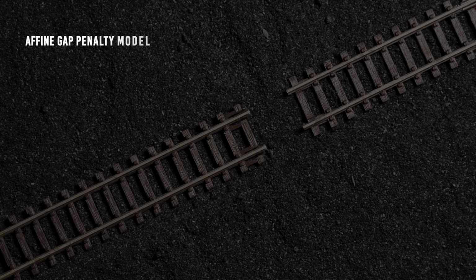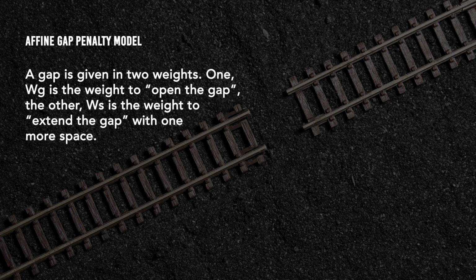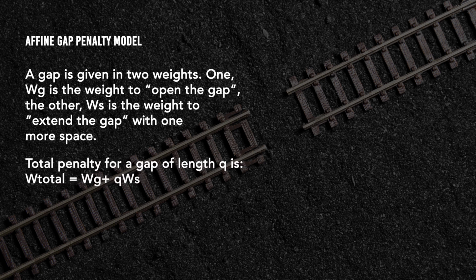The other model is the affine gap penalty model, where a gap is given two weights. One, Wg, is the weight to open the gap. The other, Ws, is the weight to extend the gap by one more space. So, the total penalty for a gap of length q is Wtotal = Wg + q Ws. Because of this affine formula, the model is called the affine gap penalty model.